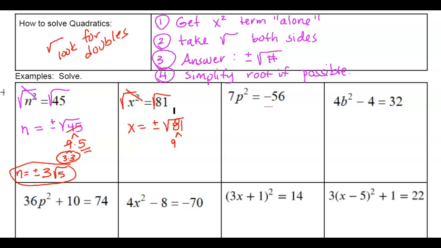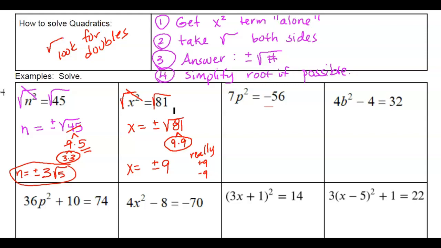Some of you might know it's 9 times 9. Well, remember, I'm looking for doubles. So even if I can break that down, I don't have to. I'm going to circle these 2 doubles, and it comes out in front. You write it once. There's no singles left, which means there's no root. So really, my answer is positive 9, and it's also negative 9.